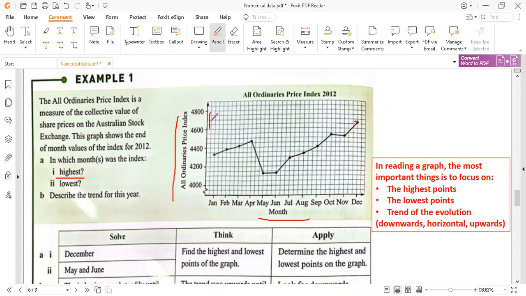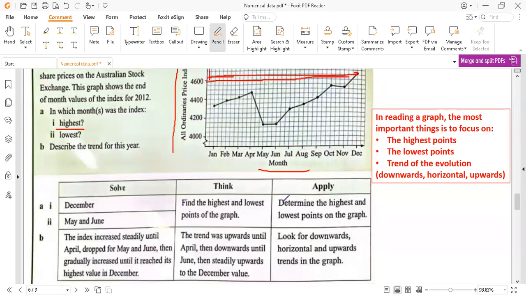For 4 small steps, from 600 to 800 we have 200, so each small step is 50. We are one step higher, so it is 4,650 for the highest. In which month? In December.